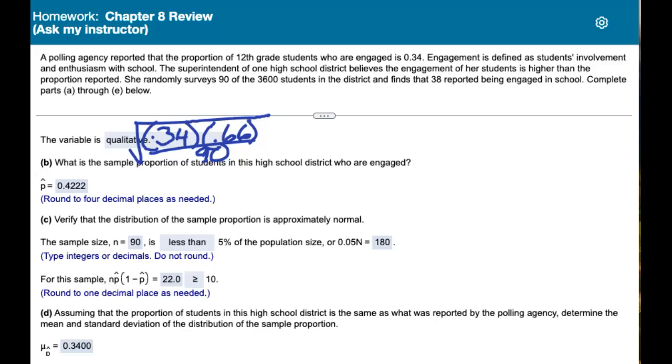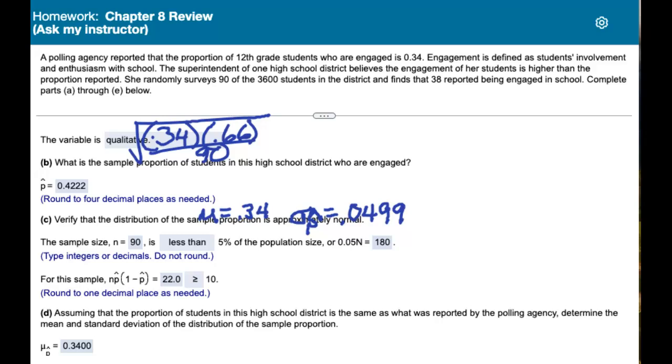For this, we're going to use StatCrunch. In StatCrunch, we want to use for our mean the 0.34, and for our standard deviation, we're going to use that last answer that we've got up here, 0.0499, the standard deviation for the p-hat distribution. We're going to go to Stat, Calculators, and choose the normal calculator.